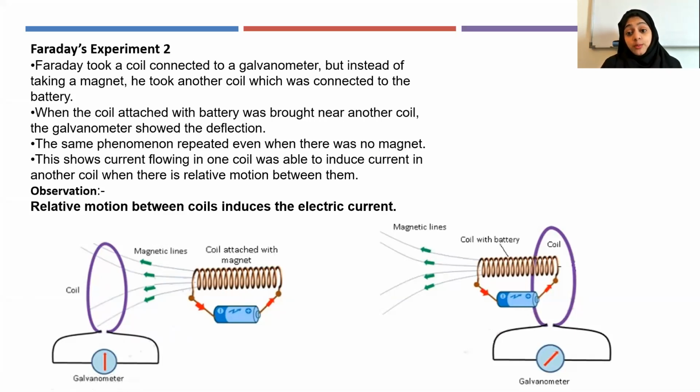It's like an electromagnet, right? So when current flows through a coil of wire, it will produce magnetic field lines in between. A current carrying wire will produce a magnetic field.